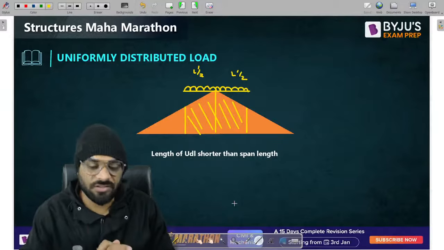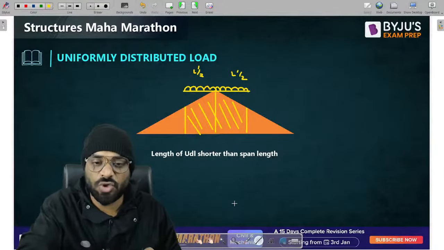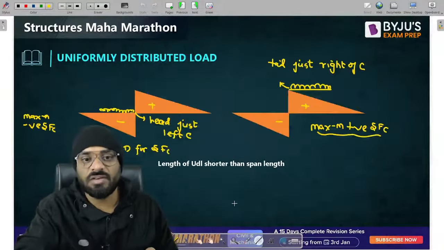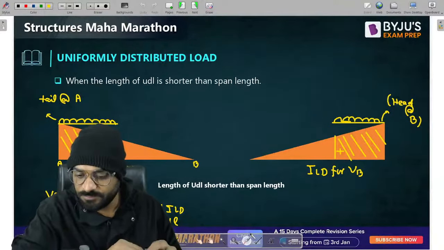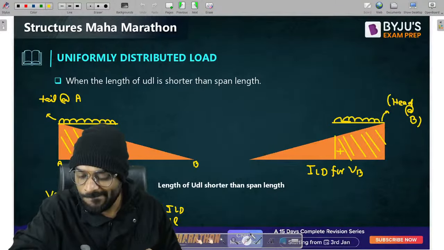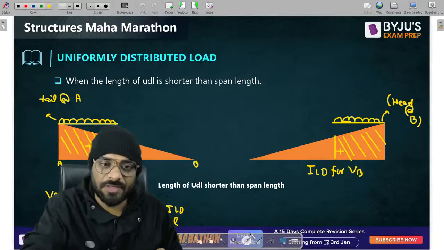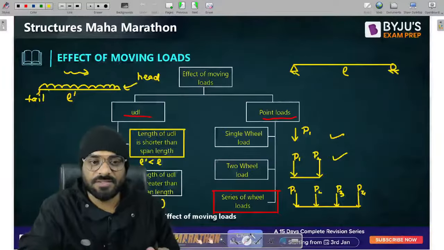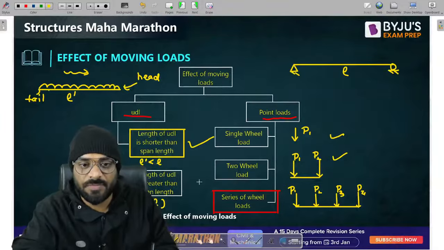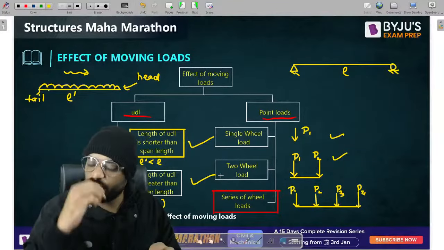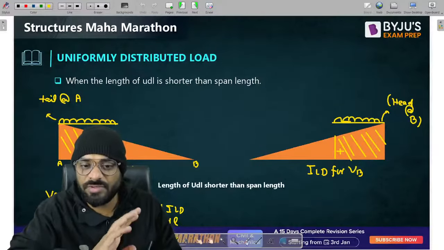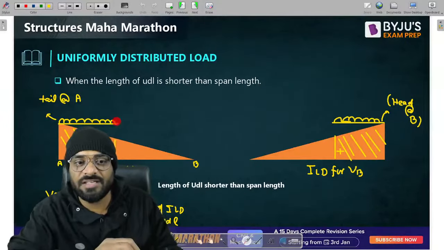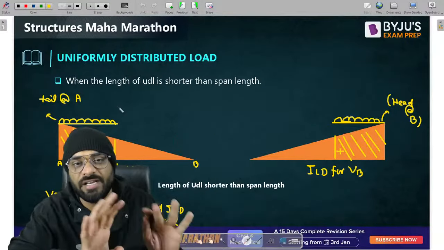Shorter than the length of the span. If it is shorter than the span length, then these are the cases. Now, listen guys. Just imagine this one is done, right? Now let us suppose the length of UDL is greater than the span length, then what you have to do? Very simple. Just extend the UDL on the complete ILD.